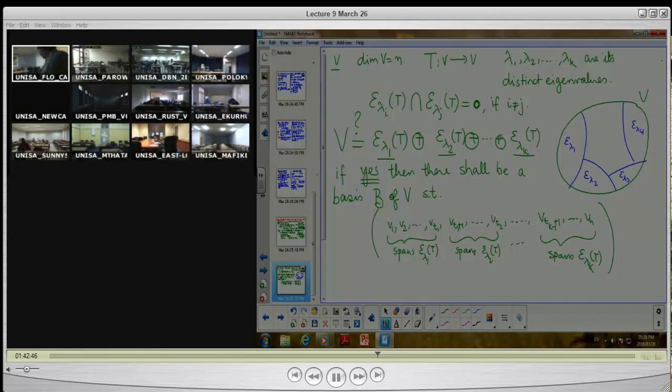The matrix of T with respect to this basis from V to V will be a block matrix, right? So it will be something like this, a block of identity, something over here, right? The rest are zeros, okay?